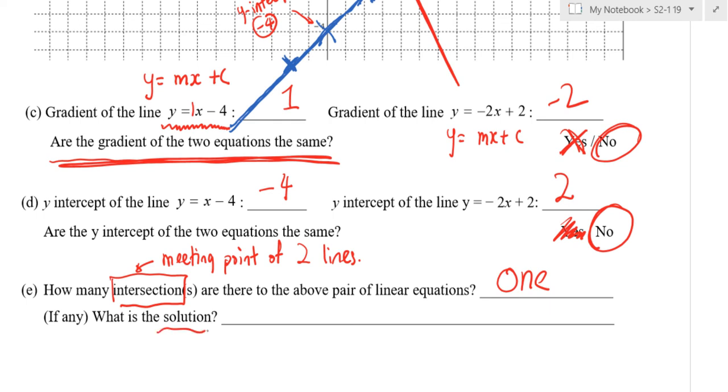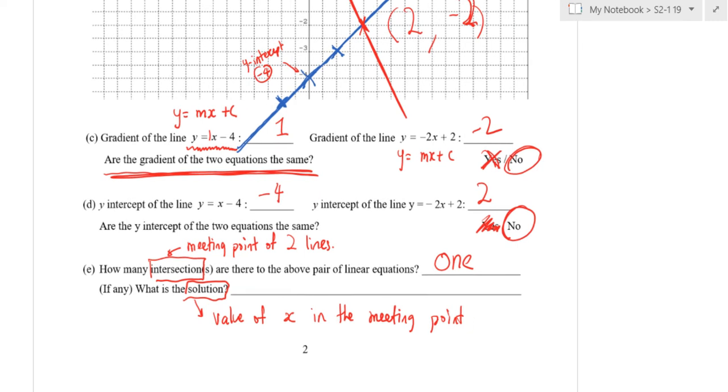Can you also write down? Solution means the value of x in the meeting point. Can you tell me the answer? What is the value of x in the meeting point? Where's the meeting point?